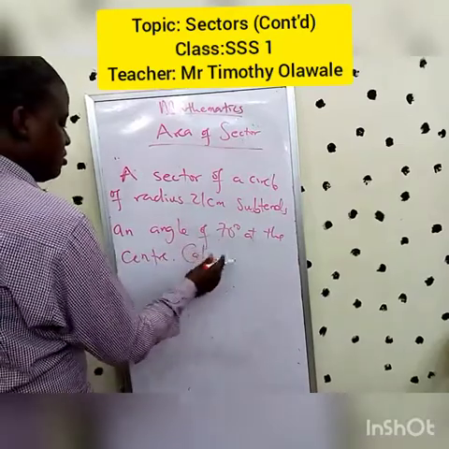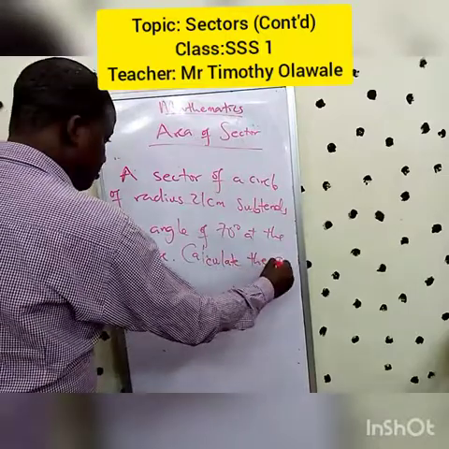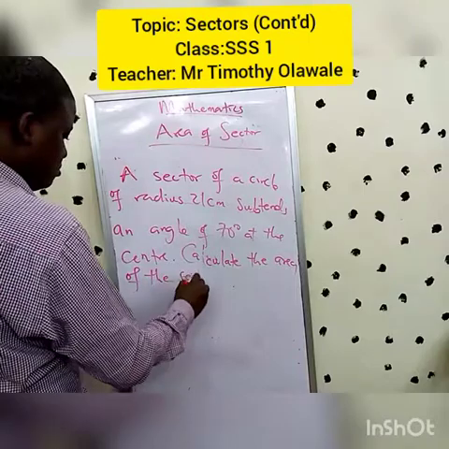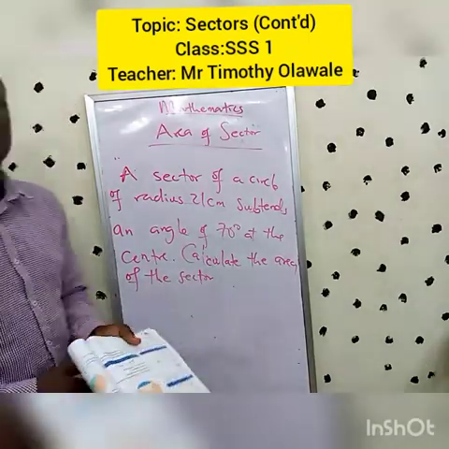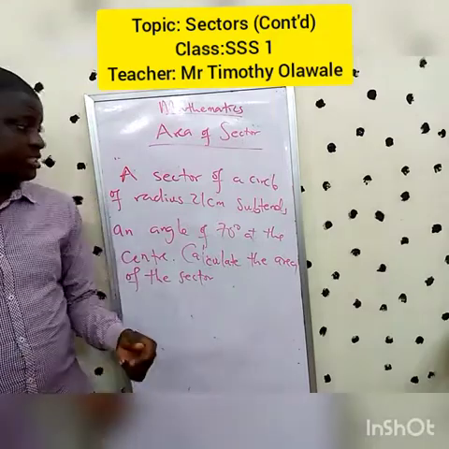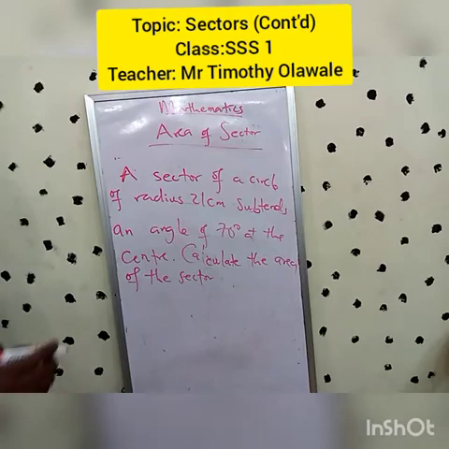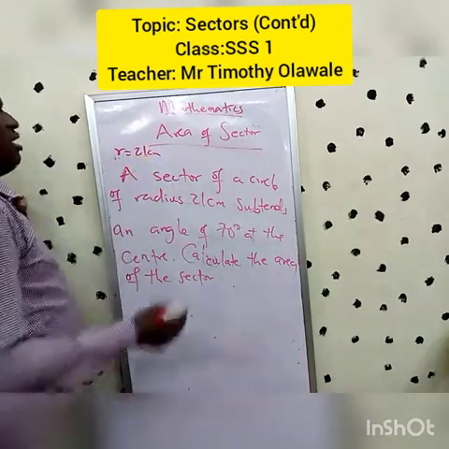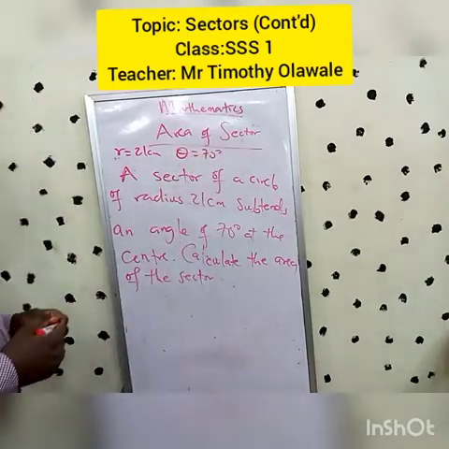Calculate the area of the sector. Okay, so let's quickly solve it. I want to write it down so that I can rub out this board. A sector of a circle of radius 21 centimeters. Radius is 21 centimeters, and the angle theta is 70 degrees. Is that clear? Then calculate the area.